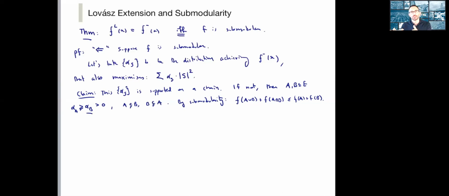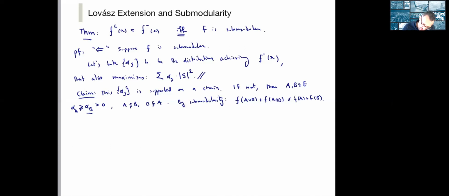We're going to take an alpha B amount of A and B, in a way that doesn't change the value of f minus of x, but is going to change this.